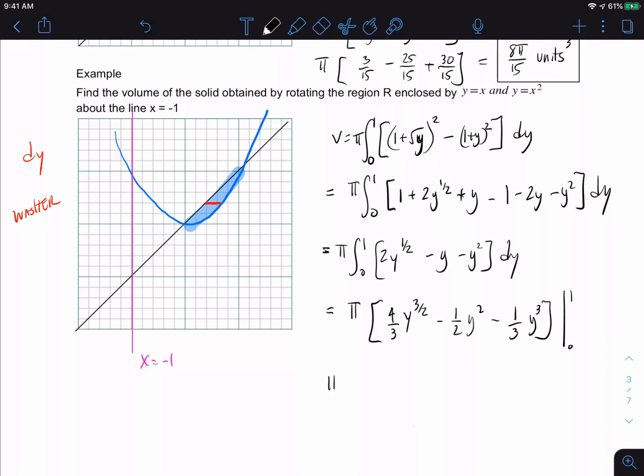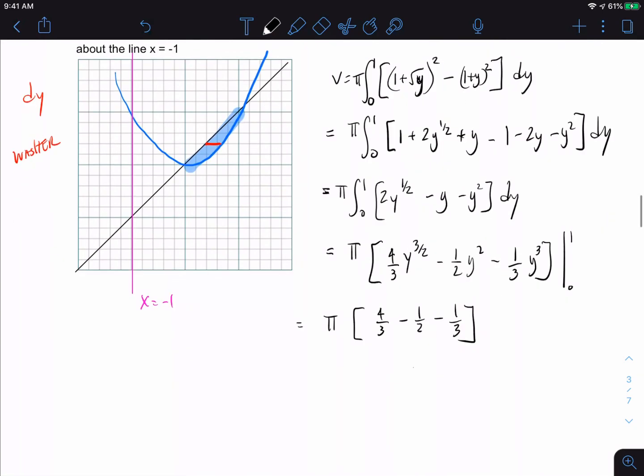And so I'll get pi times 4/3 minus 1/2 minus 1/3, and that should clean up to give me my answer of pi over 2 units cubed.